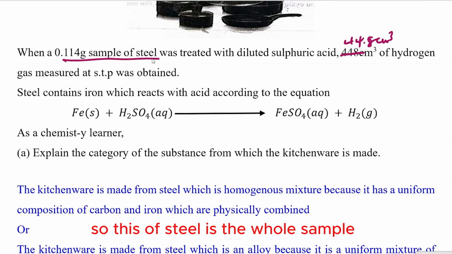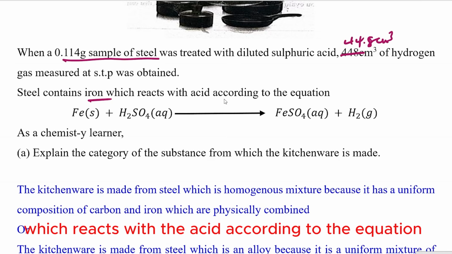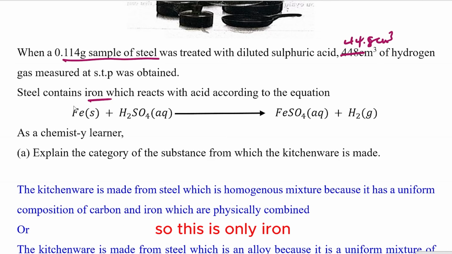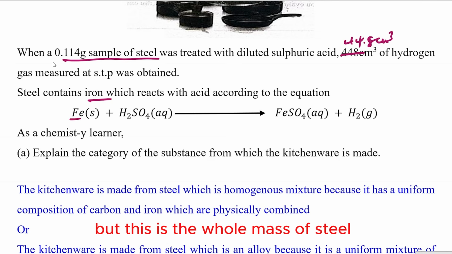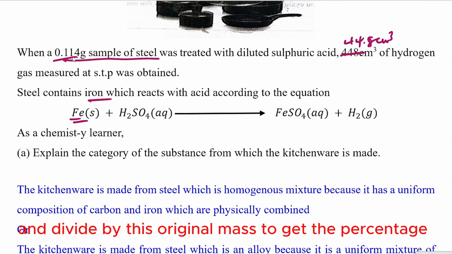So this mass of steel is the whole sample, but only iron reacts. So steel contains iron which reacts with the acid according to the equation. So this is only iron, but this is the whole mass of steel. So we shall look for the mass of reacted iron and divide by this original mass to get the percentage.